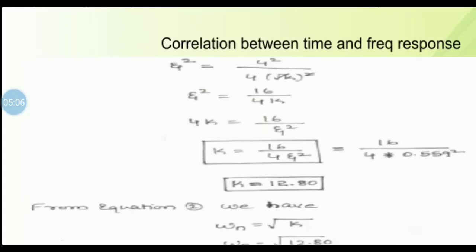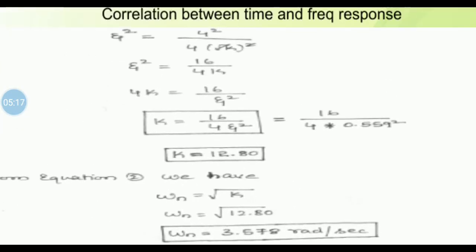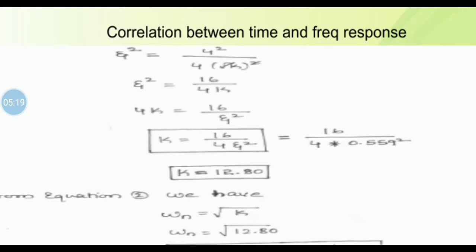Damping square is 4 square divided by 4 into root of K whole square. Damping square is 16 by 4K. 4 square is 16, and 2 root K whole square is 4K. So 4K is equal to 16 by damping square. K is equal to 16 divided by 4 damping square.